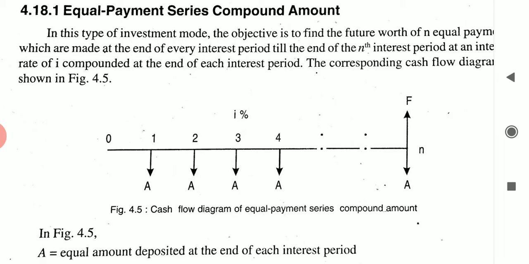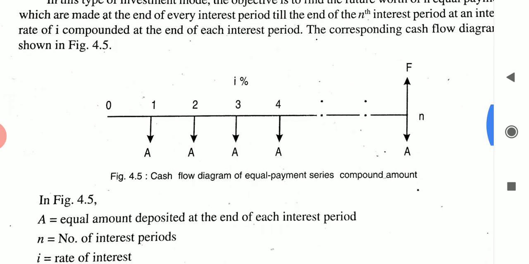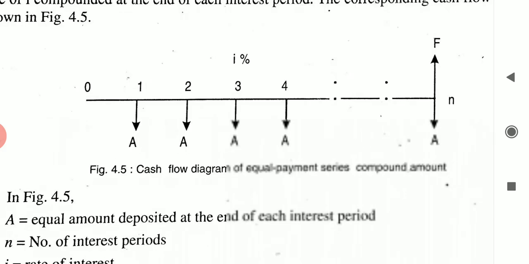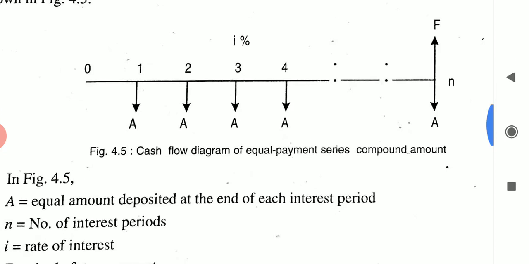In these cases, see here, the objective is to find the future worth of n equal payments. Okay, n equal payments, that is the years, which are made at the end of every interest period till the end of the nth interest period at an interest rate of I at the end of each interest period.